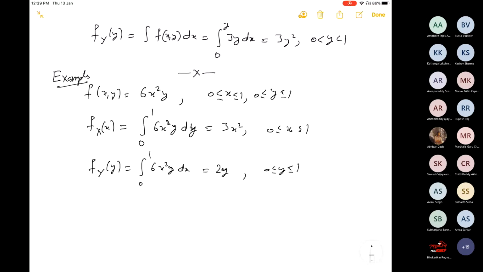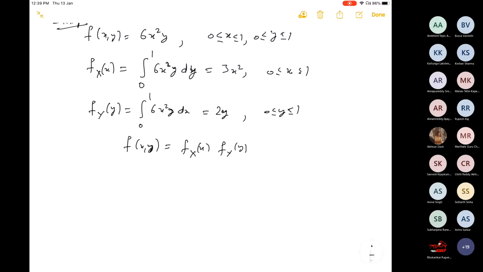So in this case also f_XY is equal to f_X(x) into f_Y(y). That means the joint is the product of their marginals. Therefore x and y are independent. Okay, so in this case also x and y are independent.